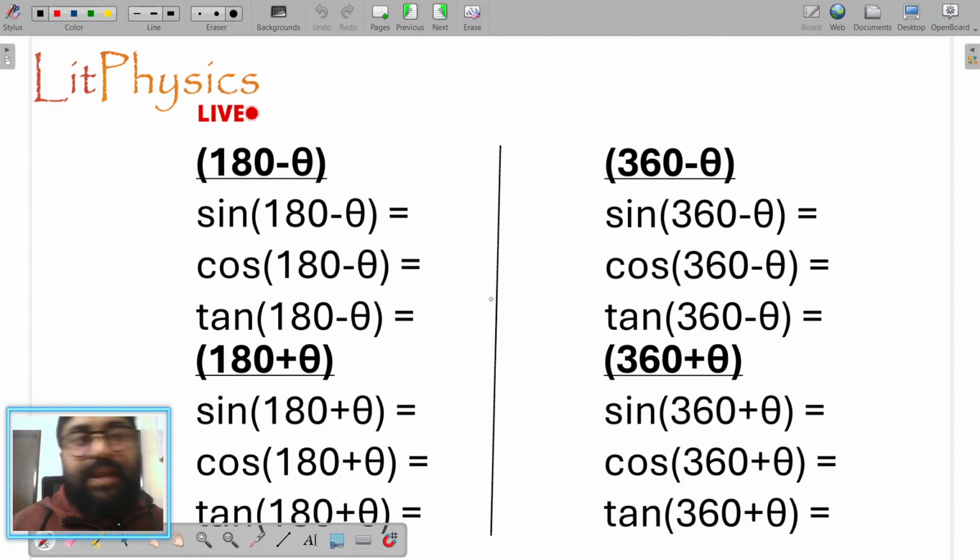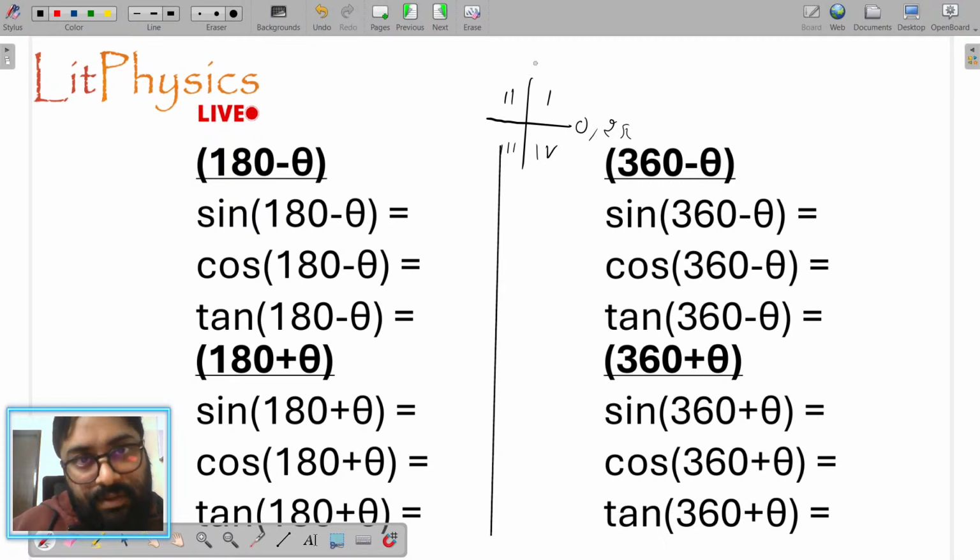We talked about 90 and 270. Now we talk about 180 and 360. So 180 minus theta. If you remember, right here we have 1, 2, 3, 4, we have 0, 2 pi, we have pi by 2, and then 3 pi by 2, or sorry, it's just pi.